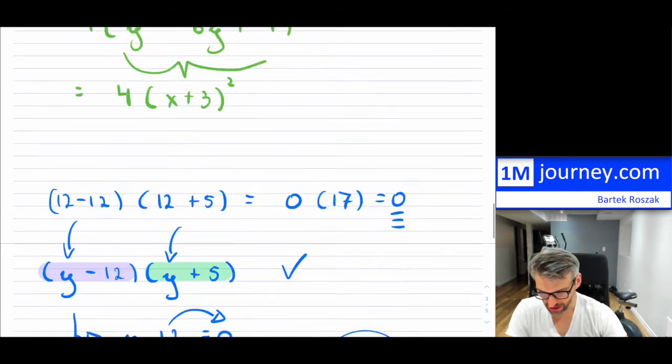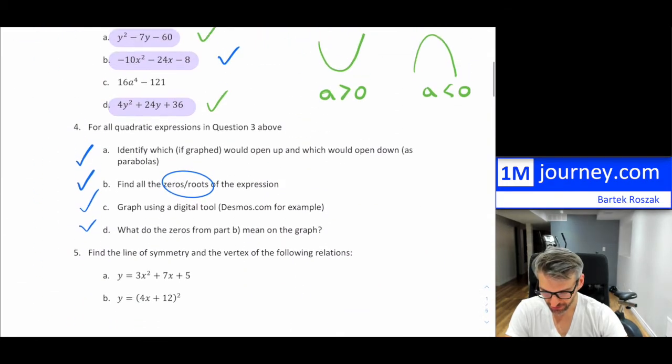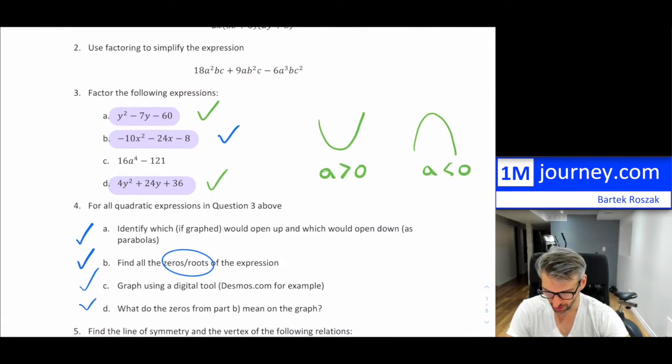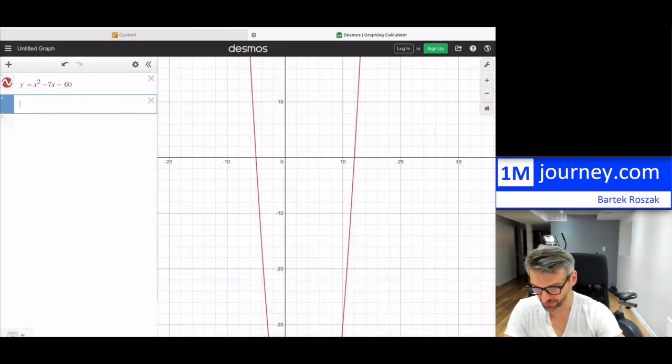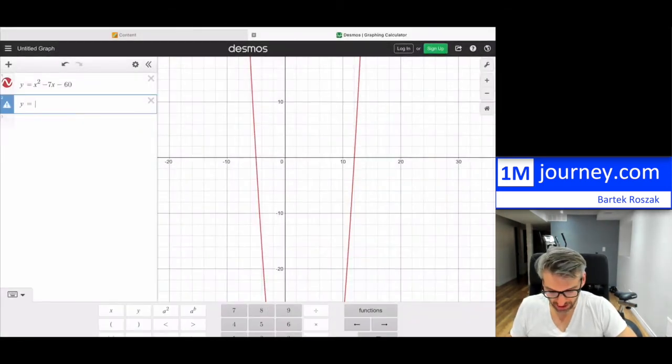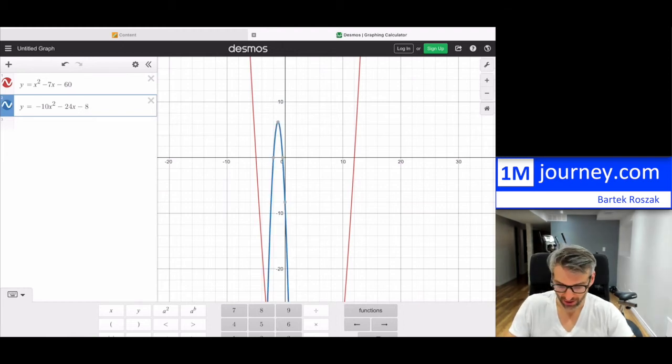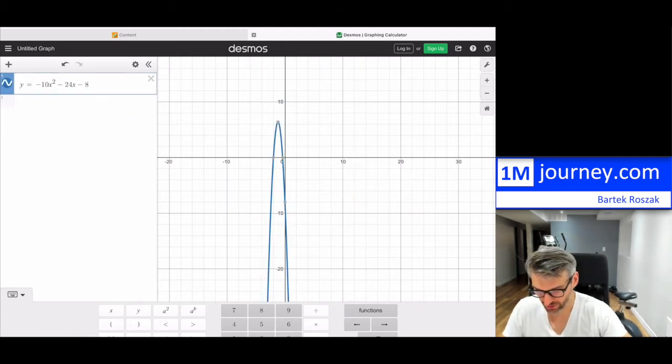Now for the second one that we have, if we graph it, it's -10, -24, and -8.